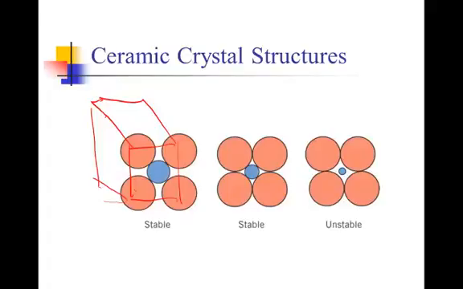Typically in the ceramic structure, we will have the anion, the negatively charged ion, in the lattice sites that would be occupied by atoms in a metal structure. So in the corners of the cube, sometimes in the faces of the cube also. And then in between them, we will have the positively charged ion or the cation. So I'll put some charges in there to illustrate for you. And typically our anion is going to be oxygen.